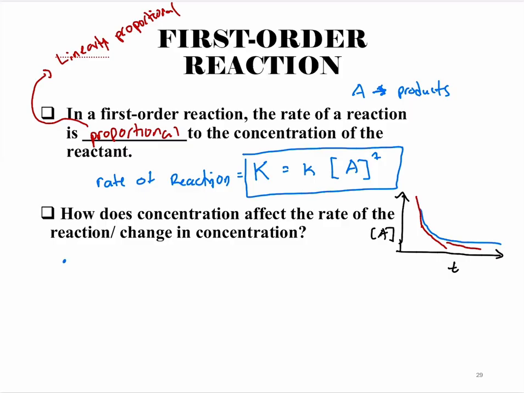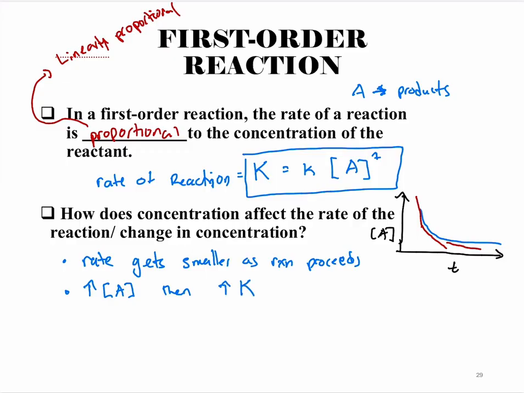So the rate gets smaller as the reaction proceeds. If we increase the concentration of A, then we increase the rate of reaction as well. Why? Because they're linearly proportional to each other. You do one thing to one of the variables, you do the same thing to the other.